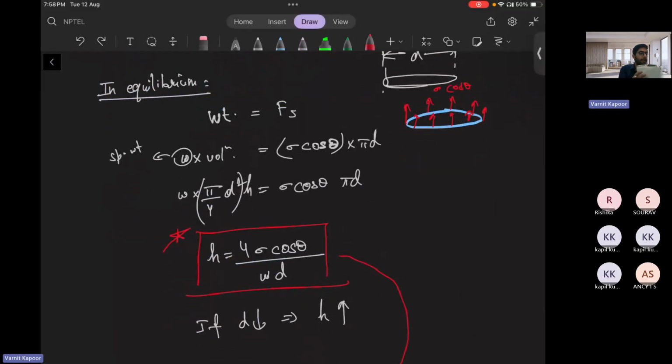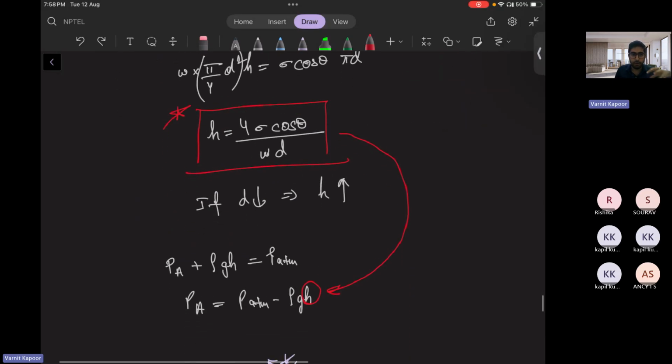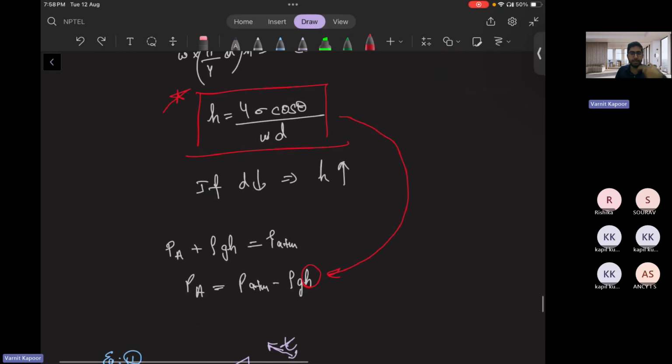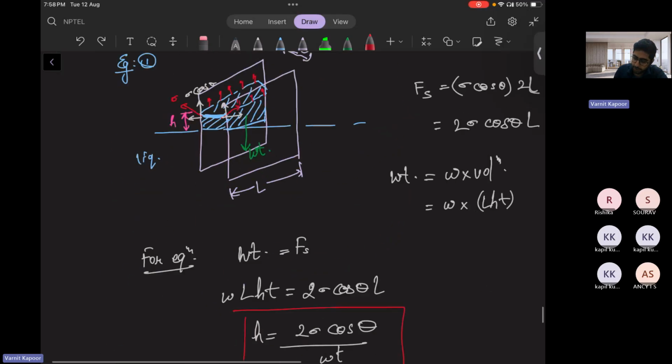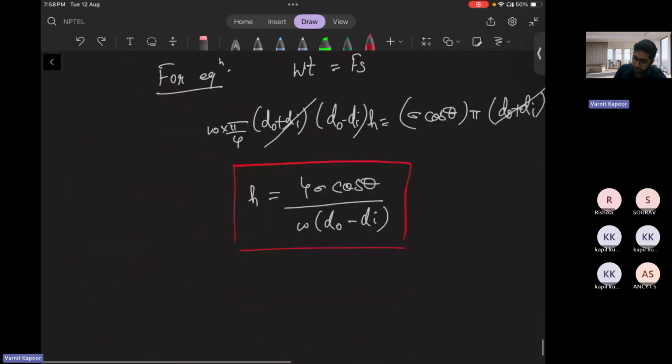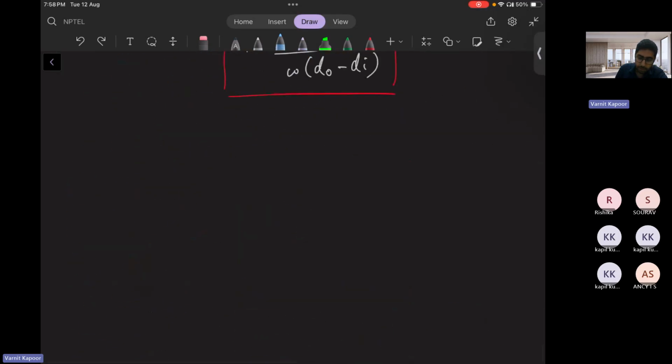Okay. Similarly, if you do for a tube kept in mercury, where the liquid is mercury, then there will be no rise, there will be fall.